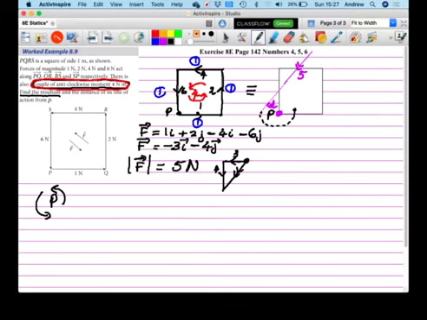Now you could argue, why did I choose that? If I'd chosen this arrow to be below, down here somewhere, then what would have happened? Well, it would have been going the other way. It would have been a positive. Doesn't really matter.